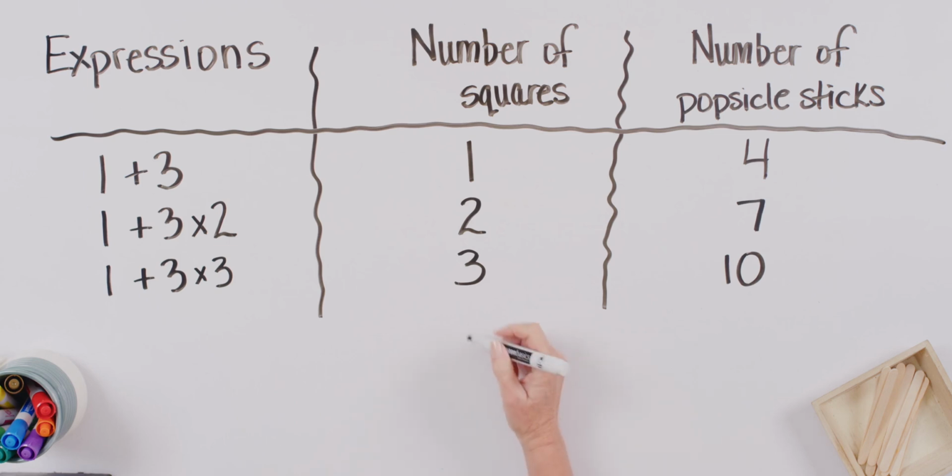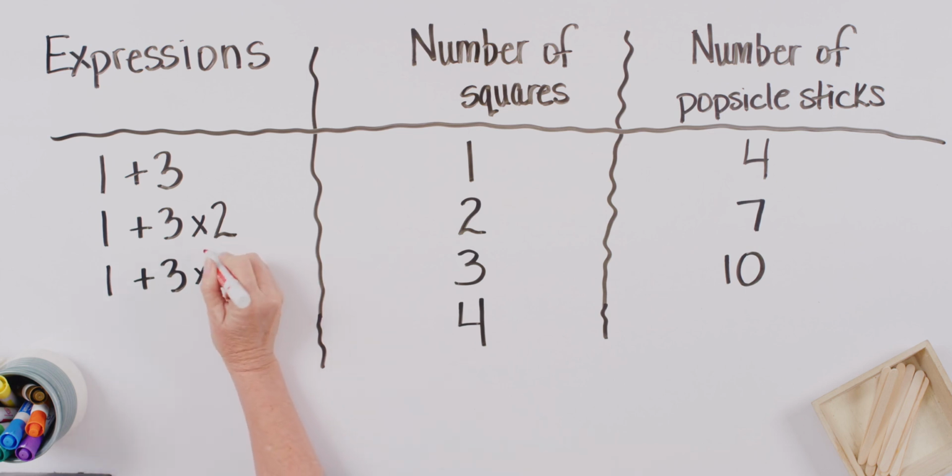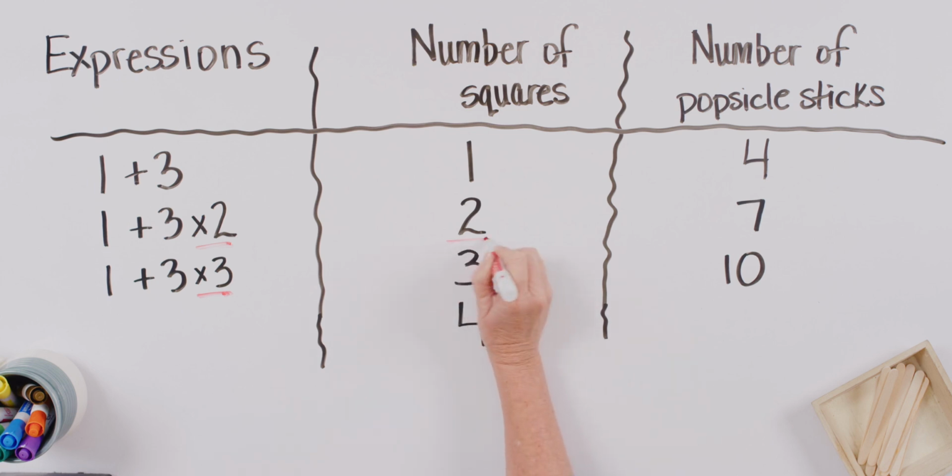What if I said, you know what, we're going to do 4 squares without actually using the popsicle sticks now? Can you figure out what our expression would be? You may have drawn a relationship here between the fact that I multiplied it by 2, I multiplied it by 3, that gave me 2, that gave me 3.